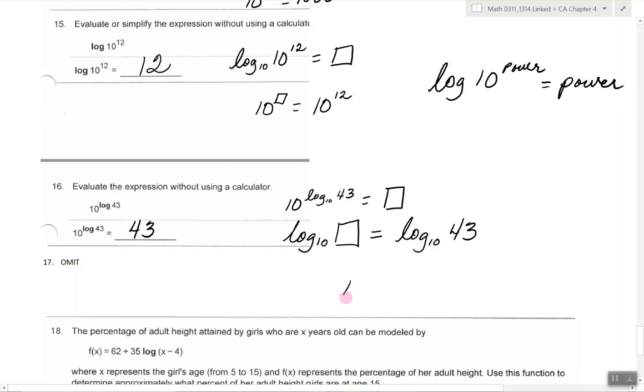If you have 10 to any log base 10 of an argument, it will be equal to the argument. These are inverse operations. So if it is common log of 10 to a power, it's going to equal the power. If it is 10 to a common logarithm, the argument of the logarithm will be the value.